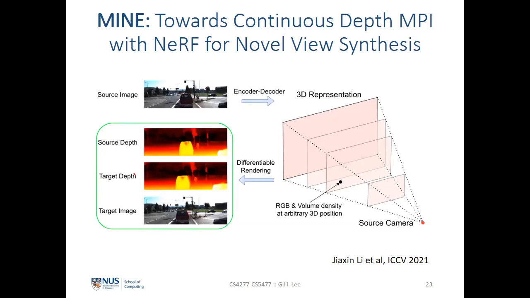Then the first version that we thought of is actually very simple. Instead of just having an MLP that takes in X and D, and gives out the color and sigma, because you have a view, I'm going to put this image through a CNN first and get a feature map F. When the ray passes through this pixel, I can take the feature that corresponds to this pixel and input it into the MLP.